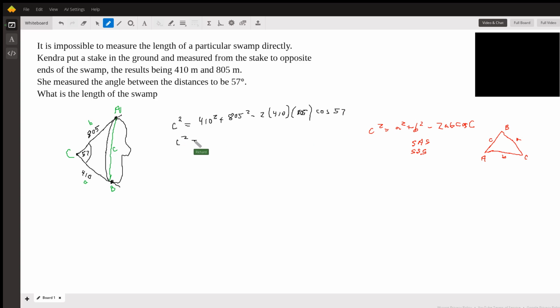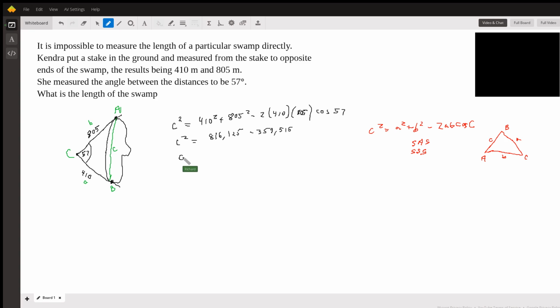So c squared is going to be, according to my calculator, unless I made a calculator mistake, these two squares add up to 816,125, and then this piece here, 2 times 410 times 805 times the cosine of 57, that adds up to 359,516.